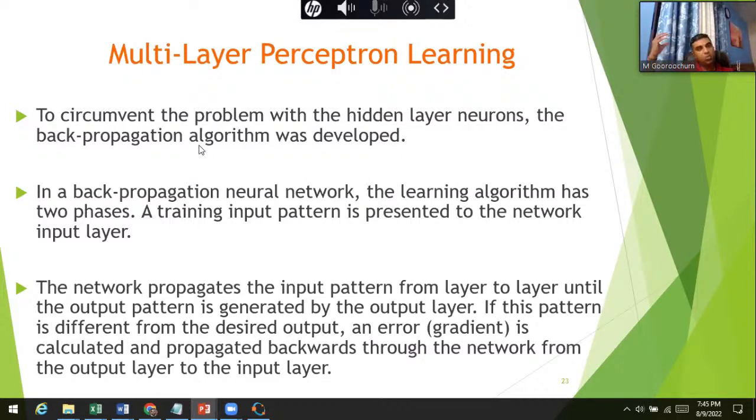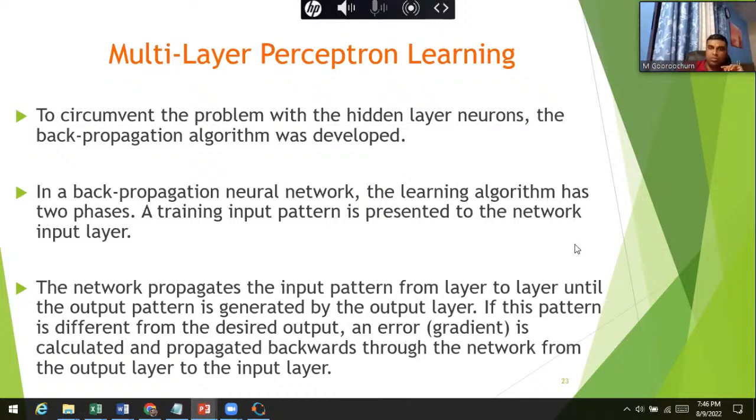If you hear that word in the future anywhere, the backpropagation algorithm is an algorithm that has been developed by certain researchers to circumvent this problem with the hidden layer neurons. The name itself says you have to backpropagate something. What are we backpropagating? People have tried to backpropagate the error.